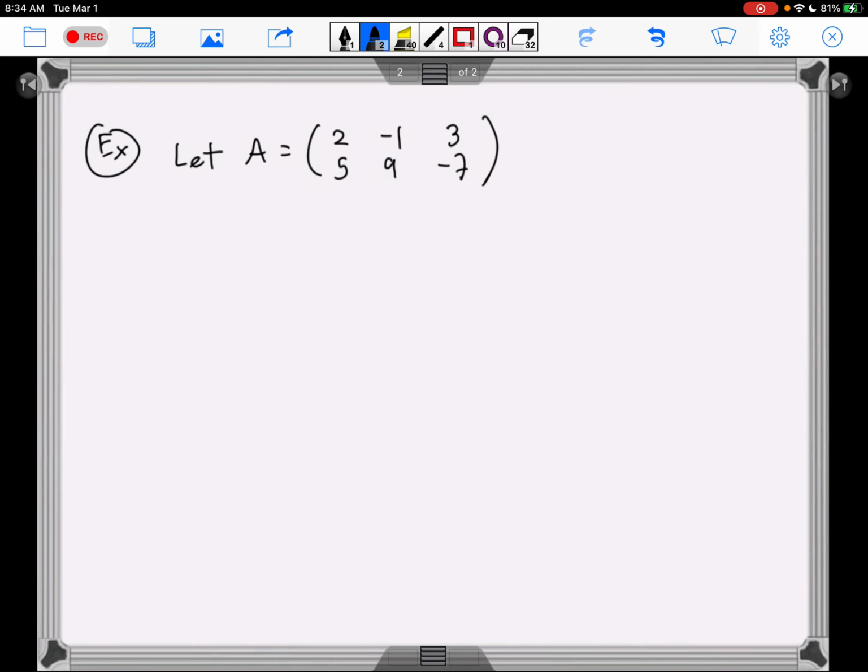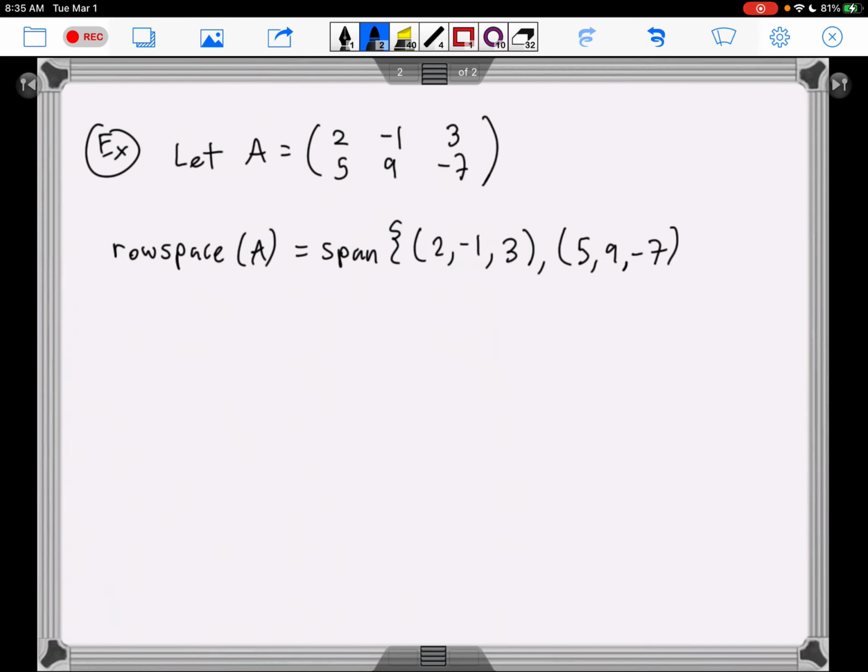What is the row space of A? The row space of A is going to be the span of the row vectors. So take the rows and turn them into vectors. So it's going to be the span of those two row vectors.